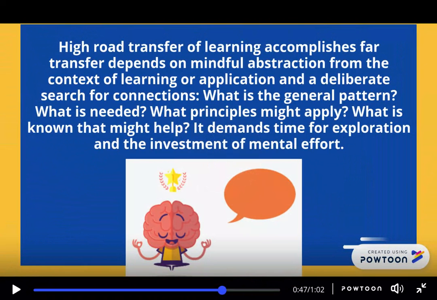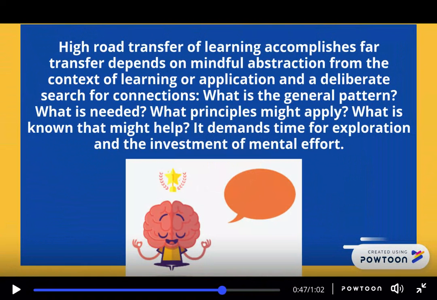Now, high road transfer of learning accomplishes far transfer, and it depends on a mindful abstraction from the context of learning or application and a deliberate search for connections. So this is mindful contemplation of an idea that can transfer, purposeful, conscious analysis and thinking things like, what is the general pattern?